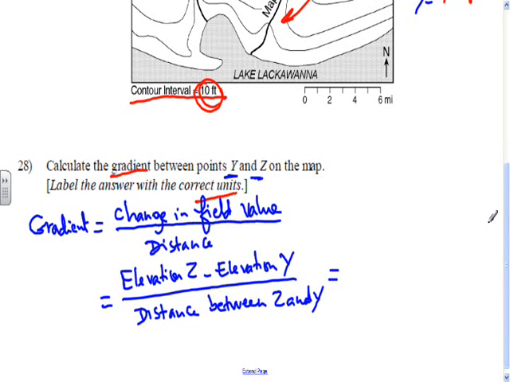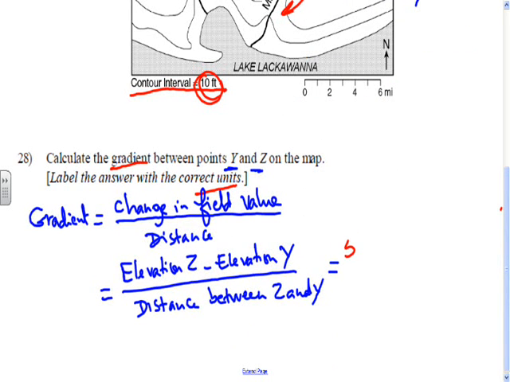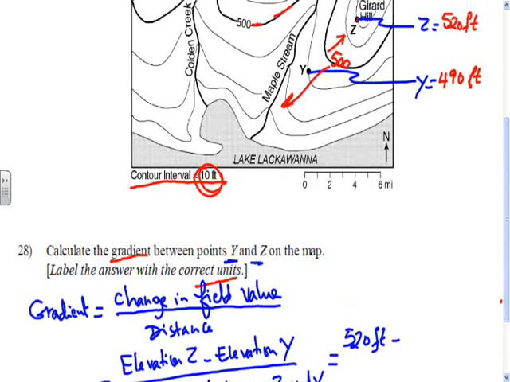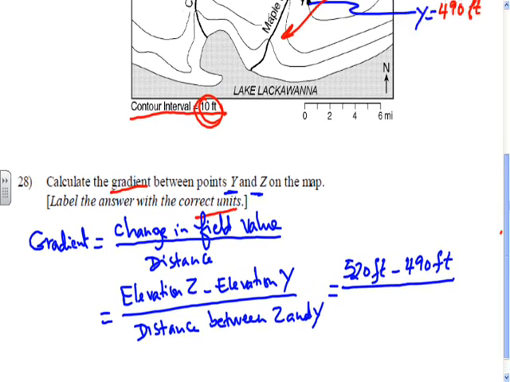Elevation of Z is 520 feet minus the elevation of Y, which is 490 feet, divided by the distance between Z and Y.